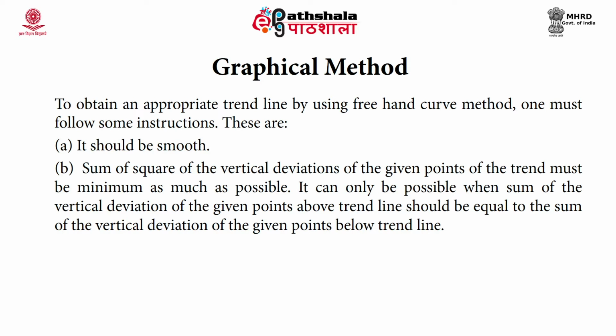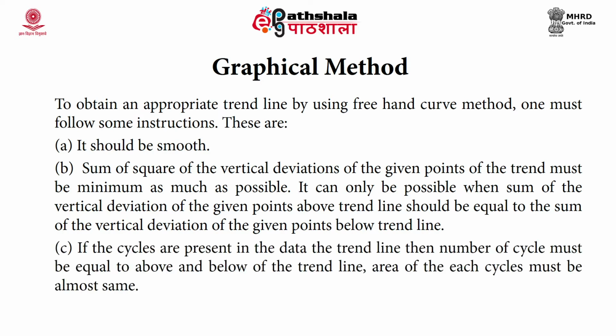This is only possible when the sum of the vertical deviations of the given points above the trend line is equal to the sum of the vertical deviations of the given points below the trend line. If cycles are present in the data, then the number of cycles must be equal above and below the trend line. The area of each cycle must be almost the same.